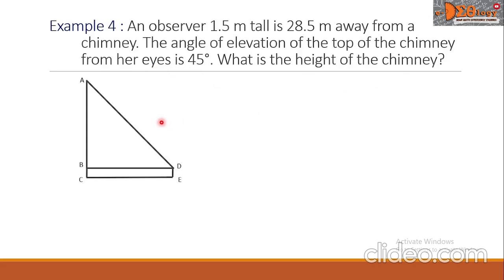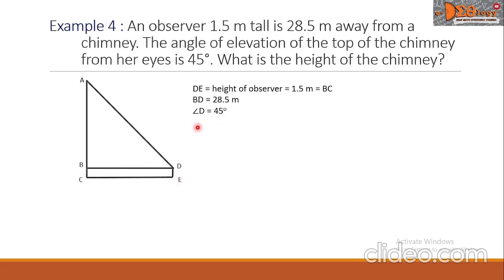Let us use this diagram. The DE is the height of observer, and that is 1.5 as given in the problem. Note that this DE is equal to the BC. Then we have the BD. Given in the problem, this is 28.5 meters.